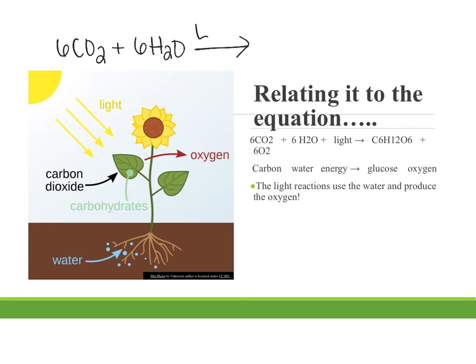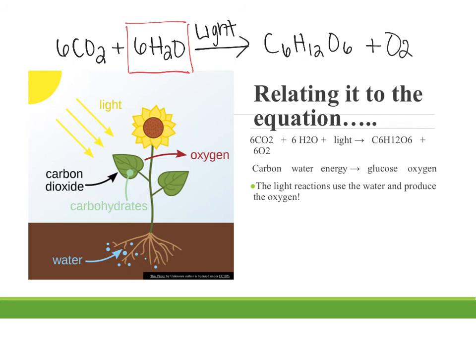And then I like to put light above the arrow, so I'm just going to put light there rather than saying plus light on the reactant side. So in phase one, or the light reaction, we took water. Oops, I forgot the oxygen part. And we converted it into oxygen.